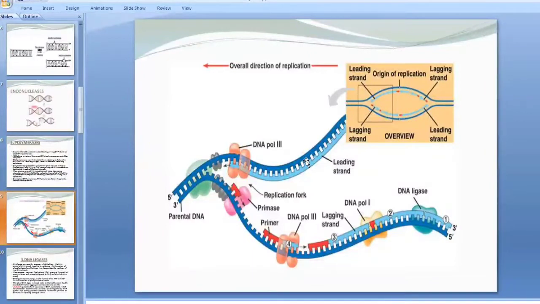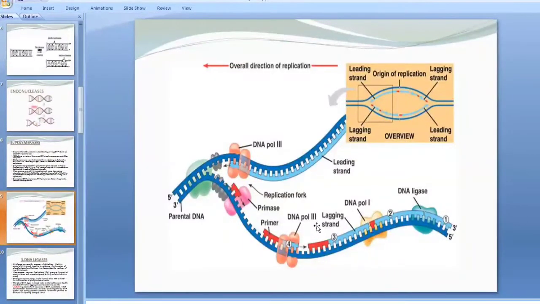Here different types of DNA polymerases are there, like DNA polymerase 1, 2, 3, like that. I don't want to explain in detail about all these types, because in my next video lesson you can learn about the different types of DNA polymerase.